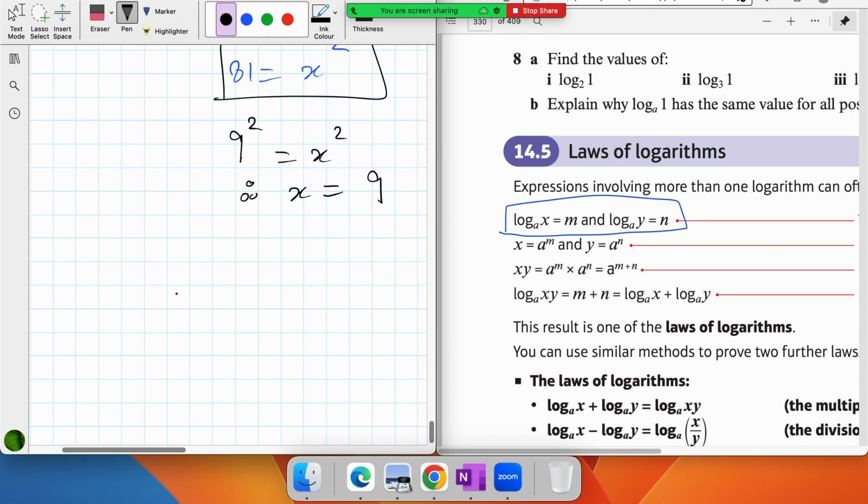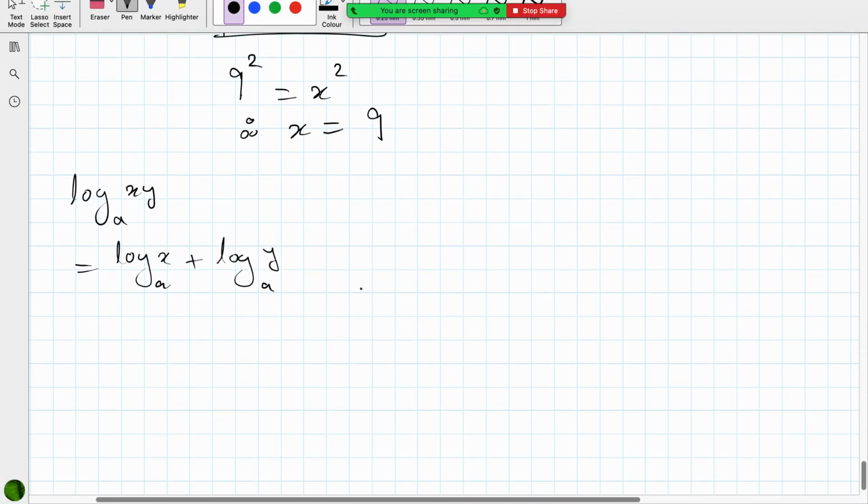For example, if I write log of xy to base a, if I split them, this will become log of x to base a plus log of y to base a. So when you are adding logs, the reverse is multiplication.